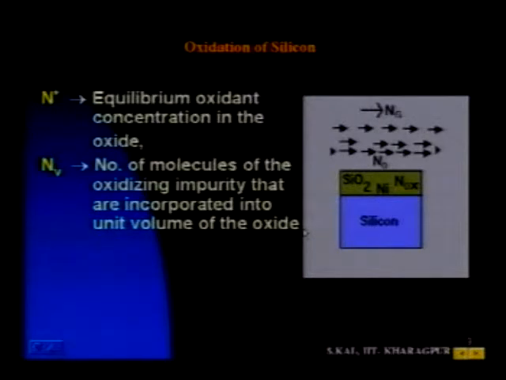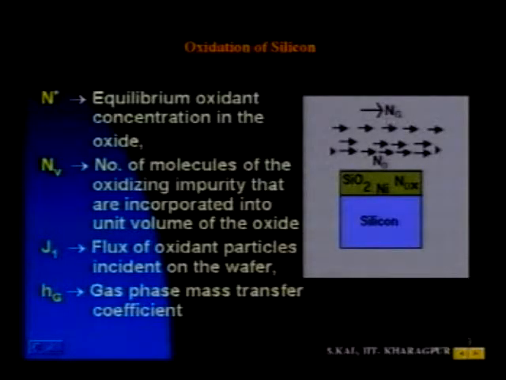That means when silicon is converted into silicon dioxide after reaction, whatever the reaction is, either Si plus O2 gives SiO2, or Si plus H2O gives SiO2 and H2, then in that grown silicon dioxide, NV is the number of molecules of the oxidizing impurity. Is that clear? Next, another term is J1.